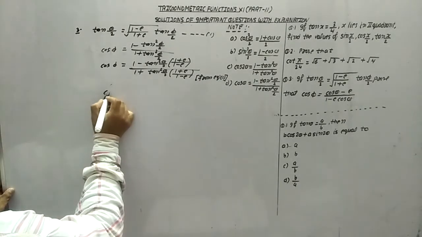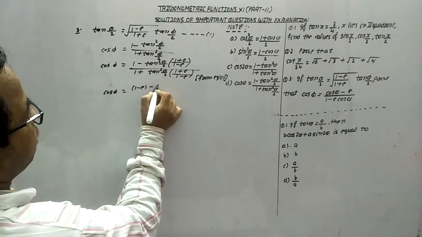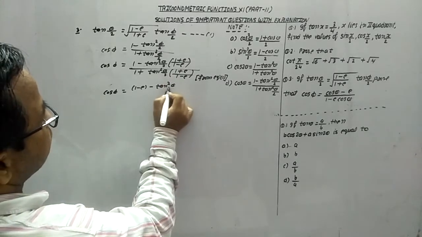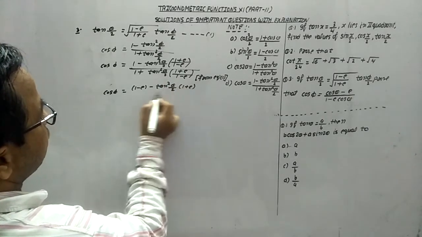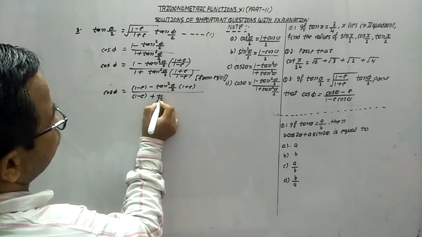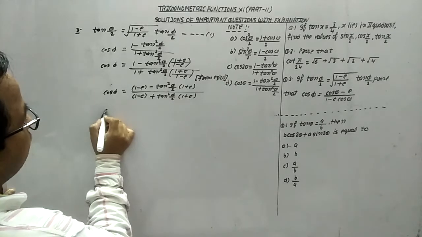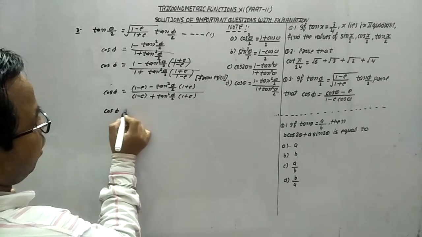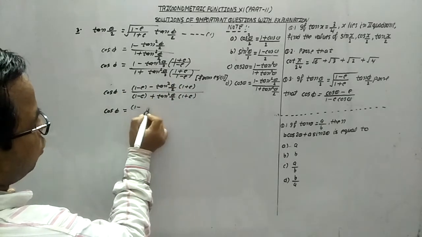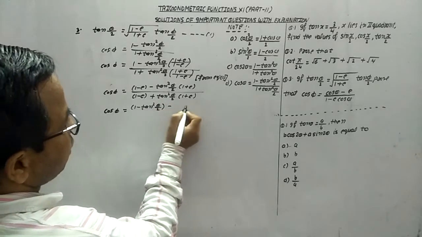Now after taking the LCM, cos phi is equal to (1 minus e minus tan square theta by 2 times (1 plus e)) upon (1 minus e plus tan square theta by 2 times (1 plus e)). Now collect the terms which are related to e and those which are not related to e. So this is 1 minus tan square theta by 2 minus e common.